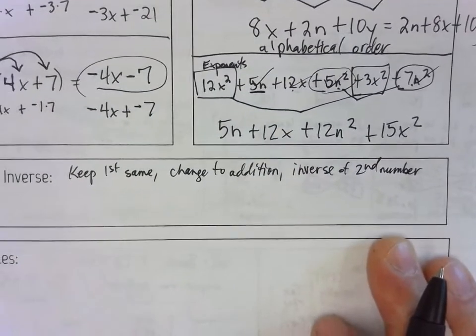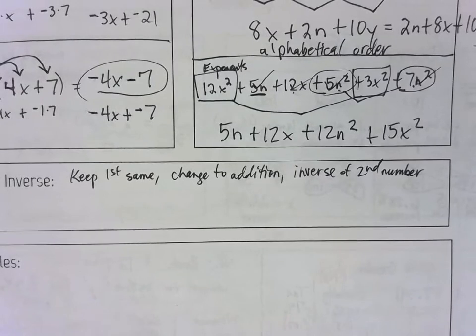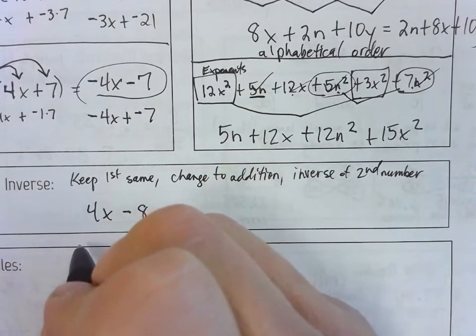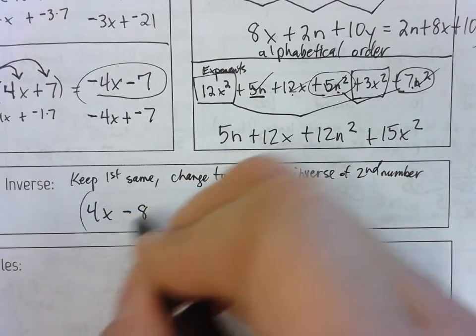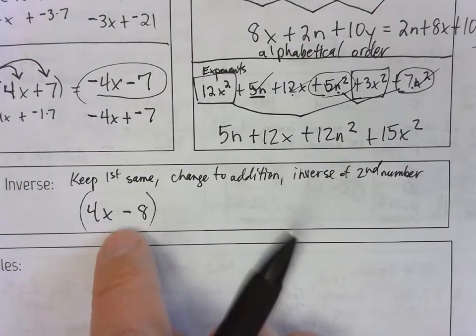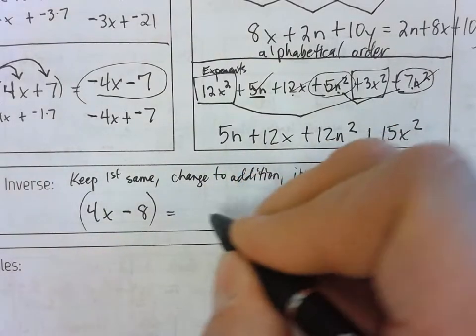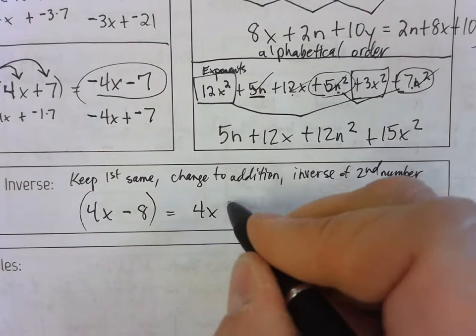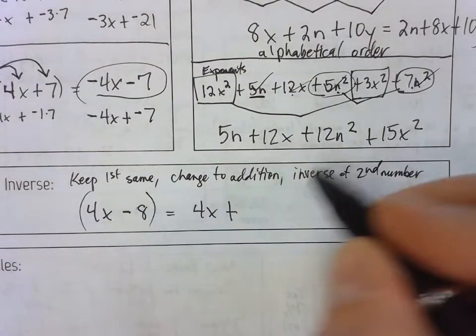All right, can you see all that? Keep the first number the same, change it to addition, inverse the second number. So just minus 8. If we had a 4x minus 8, we could go in there and do additive inverse to that. If we did additive inverse to that, we'd keep the 4x the same. We'd change the subtract sign to addition, and then of course the opposite of 8 is negative 8.